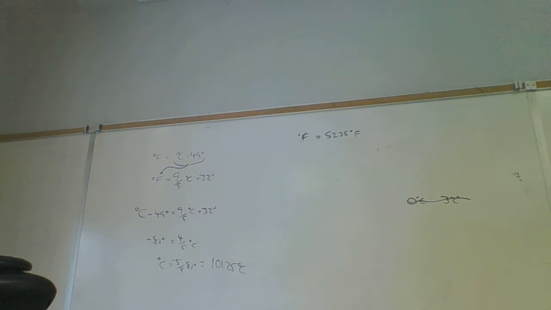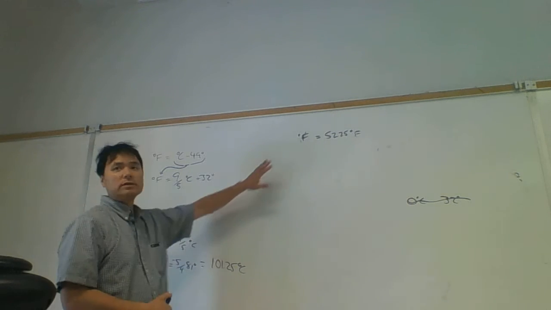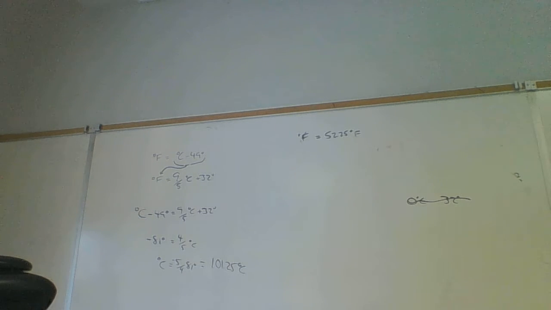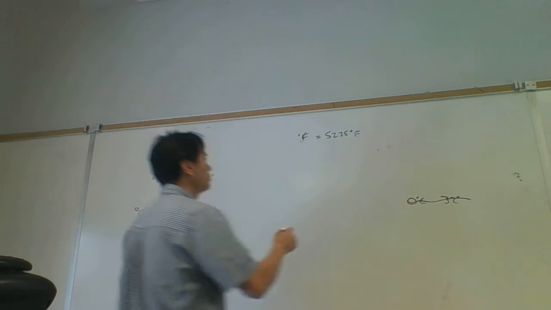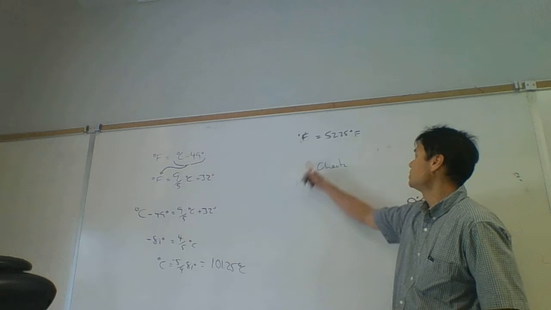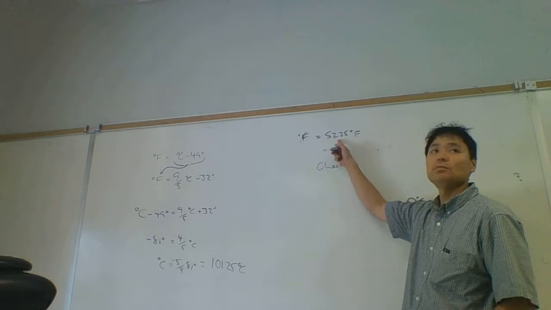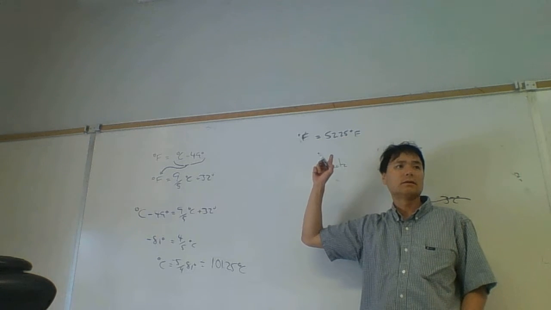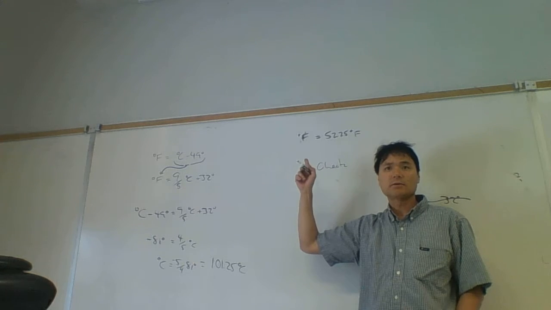And so I have my degrees Celsius here, and my degrees Fahrenheit here. Is there a way to check my answer? There is a check. These two temperatures should be the same. 101.25 degrees C should be the exact same temperature as 52.25, and the Fahrenheit temperature should be 49 less than the Celsius temperature.